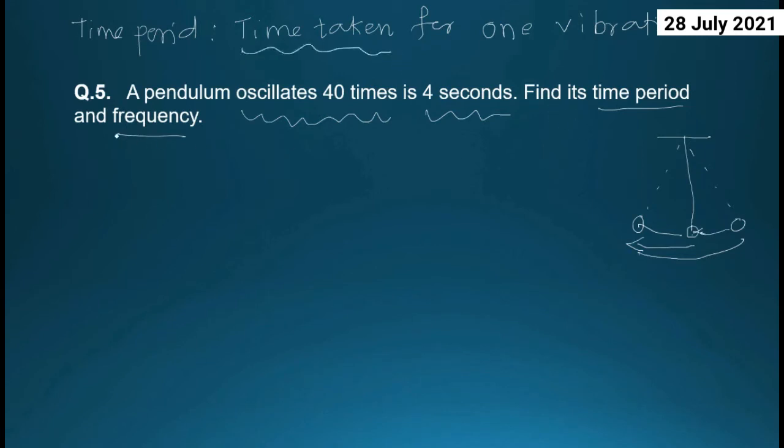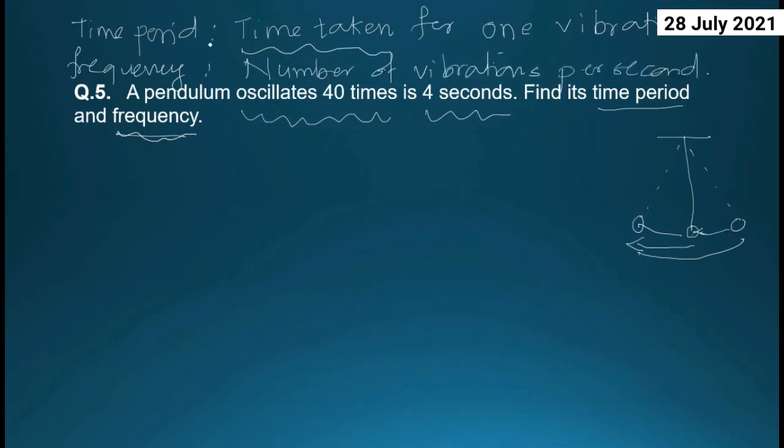And frequency is how many such vibrations there will be in 1 second. So frequency will be the number of vibrations per second, right? So we shall find the time period and frequency. Now, the time taken for one vibration we'll see.